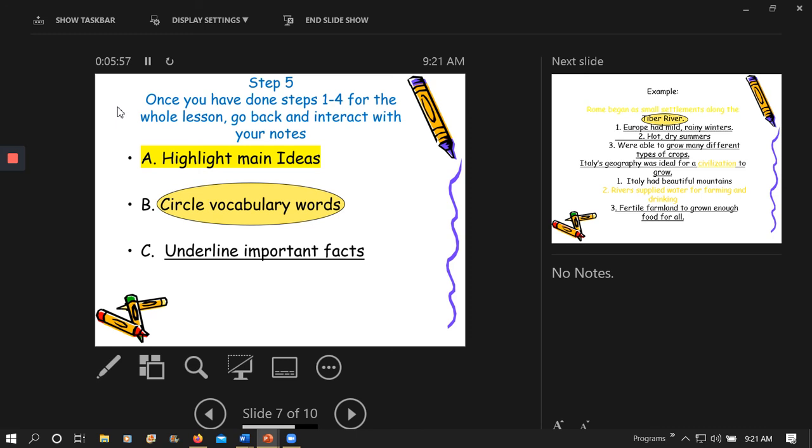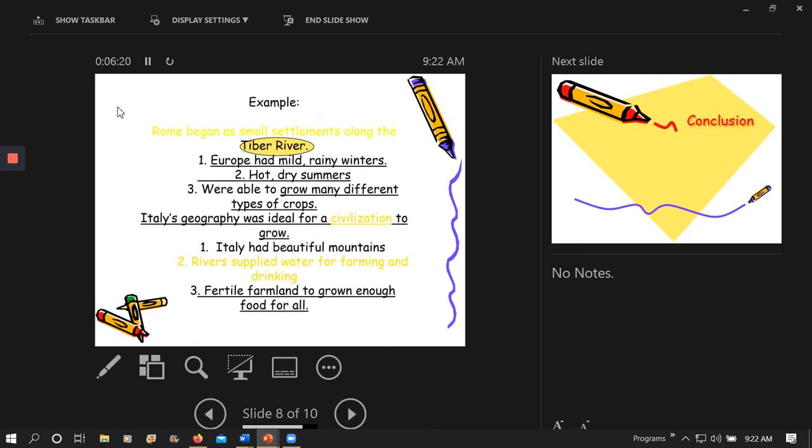I mean, you can obviously do more, but if you do this bare minimum, your notes are going to be wonderful. You're going to get full credit, and you'll learn a whole lot more. So, highlight main ideas, circle vocabulary words, underline important facts.